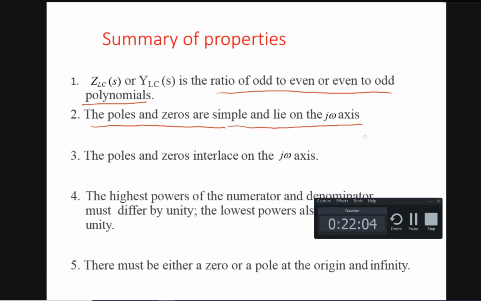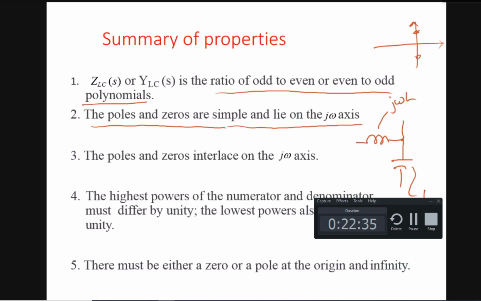When only L and C are involved, the poles and zeros must lie on the j omega axis because the impedance of an inductance is j omega L and of a capacitance is 1 by j omega C. So both of them are imaginary. So you always expect poles and zeros to be simple and to lie on the j omega axis.